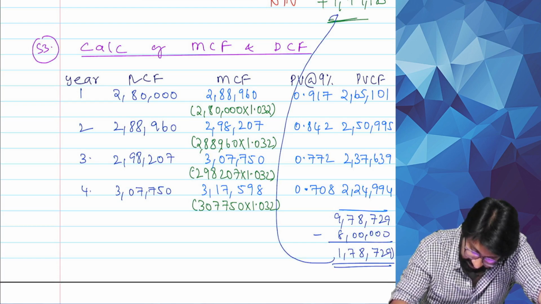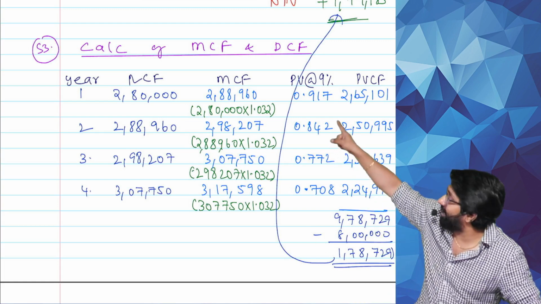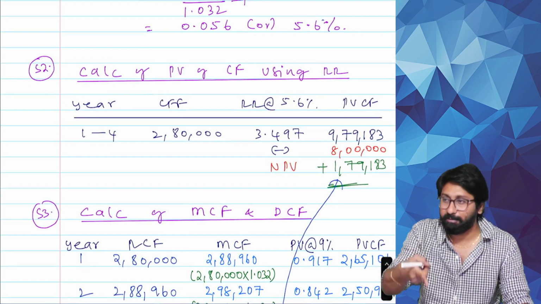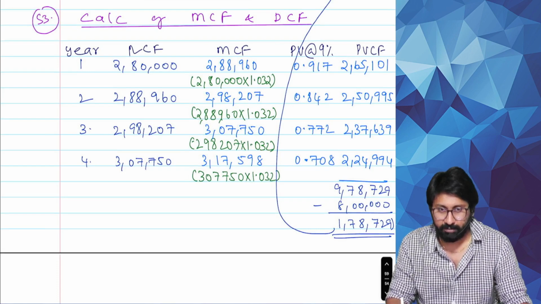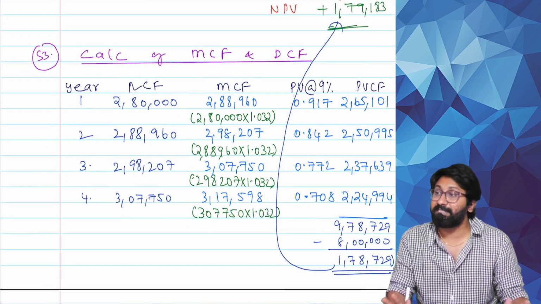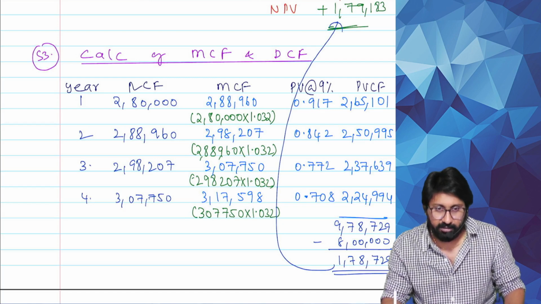Both answers are same. Don't see exactly, because instead of 5.62 you have taken only 5.6 here. That small gap will come. This is only a way of presentation, that's all. That means when you go to the management, you will show them clearly.